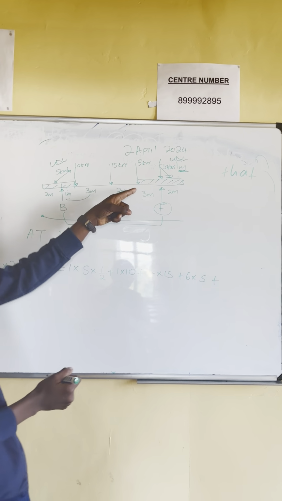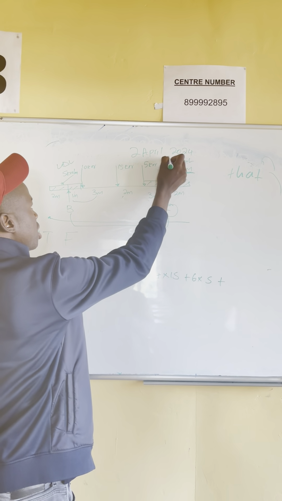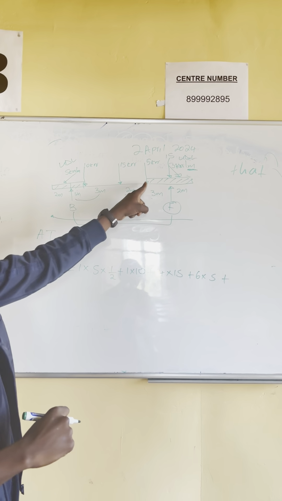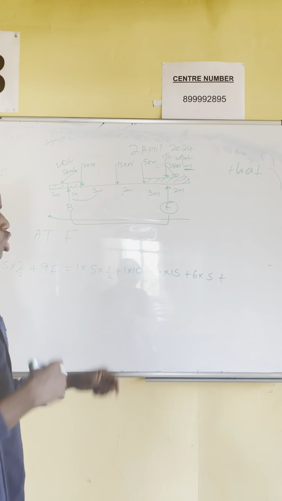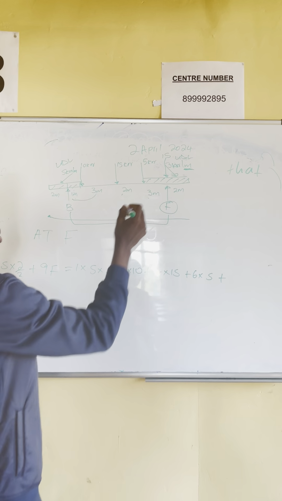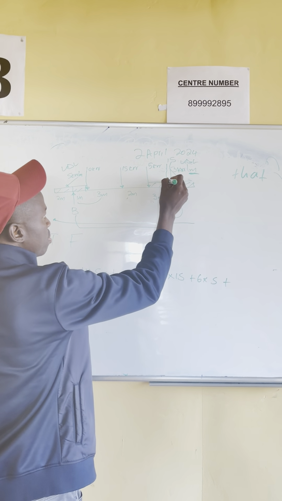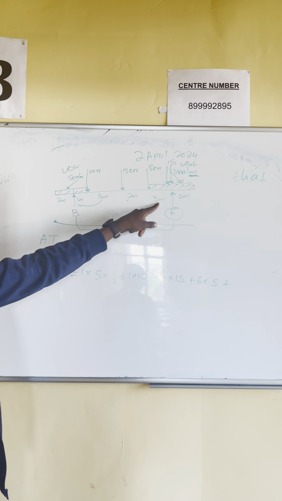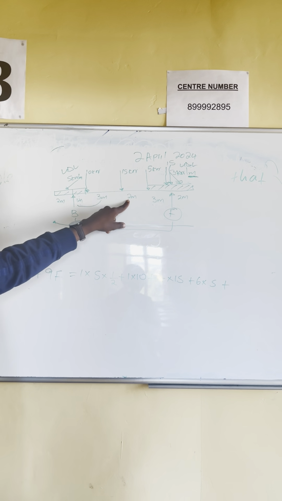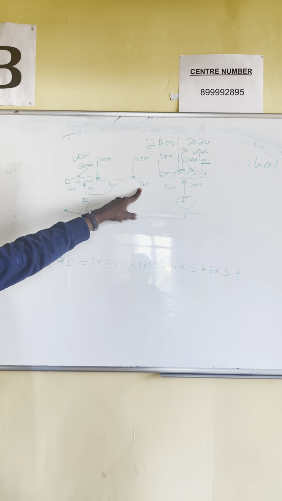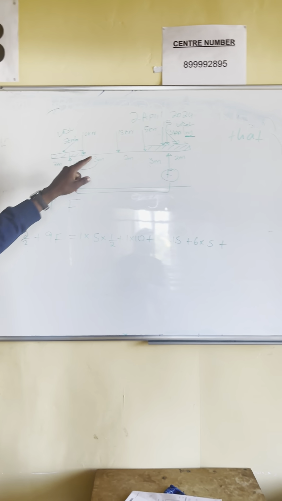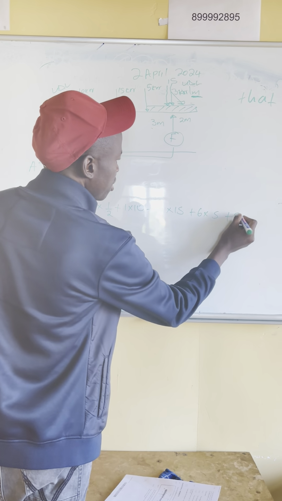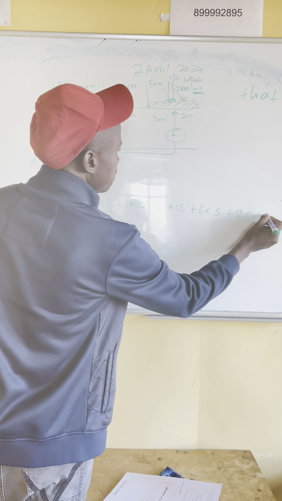It becomes 5 times 3 is 15. And then the moment you get that 15, you put it at the middle, which is 2.5, meaning that it will be here. Now you'll say 2.5 plus 2, which is 4.5, and then 8.5. You'll say plus 8.5 times 15.